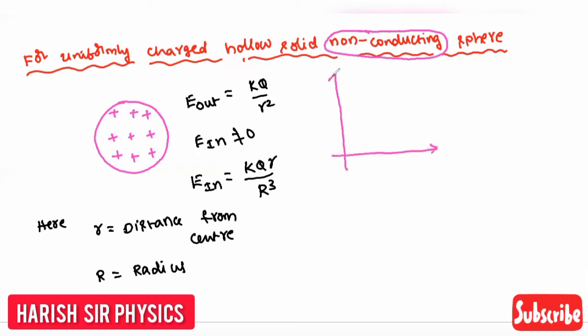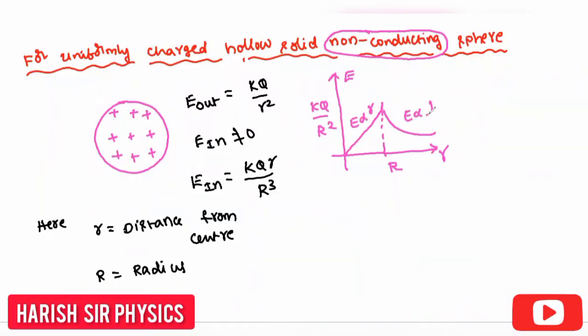We take the graph of E. So E is equal to KQ divided by R square. This is R. Inside, E is directly proportional to r, and outside E is inversely proportional to 1 by R square.